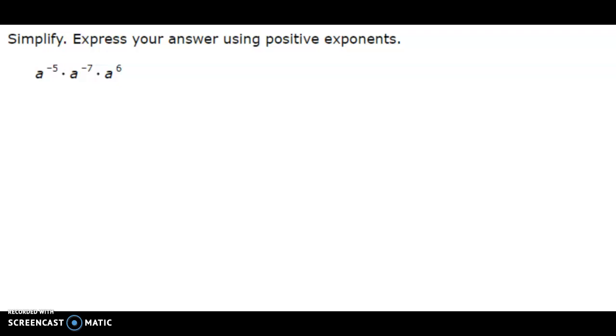The first way is whenever you're multiplying numbers or variables that have the same base, you would add their exponents.